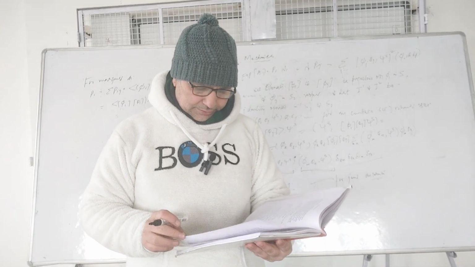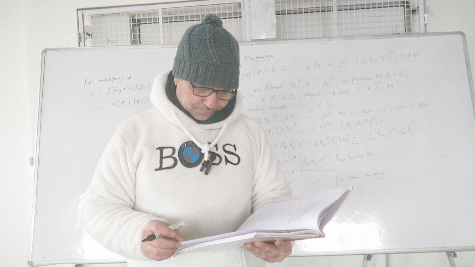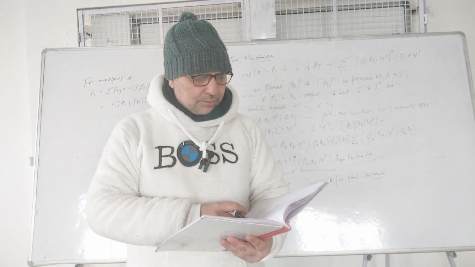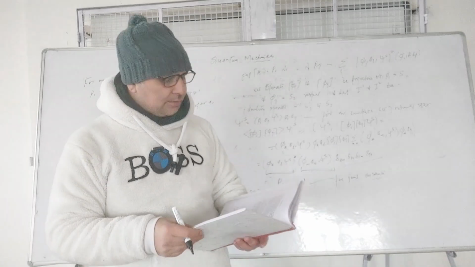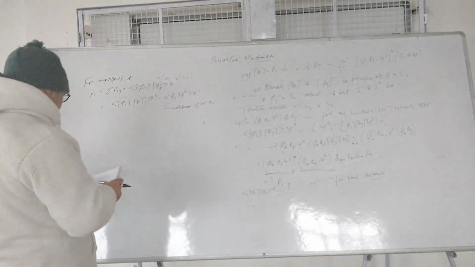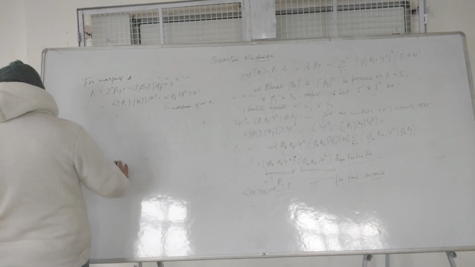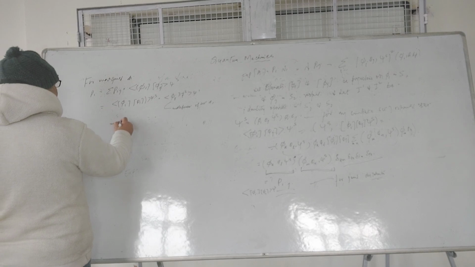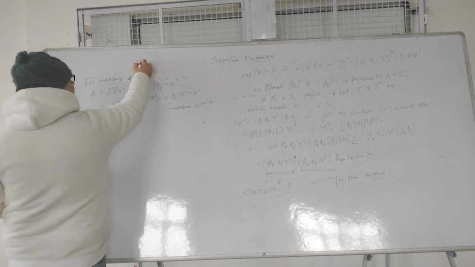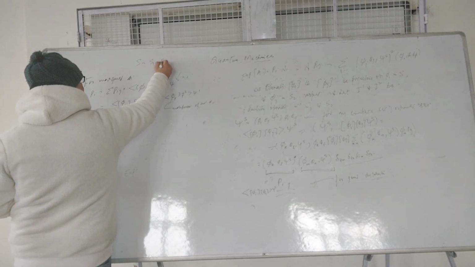So the thing which you can say from this is that initially we had the system S equal to S1 plus S2.